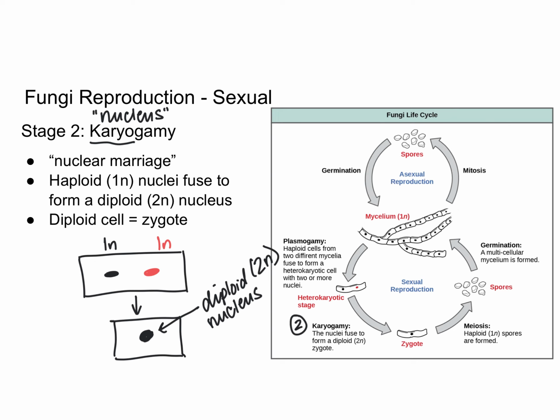And this resulting cell that forms with this diploid nucleus is known as a zygote. And you can see this on the image over here. This is our karyogamy. You can see that the picture I drew is matching the zygote in the picture.